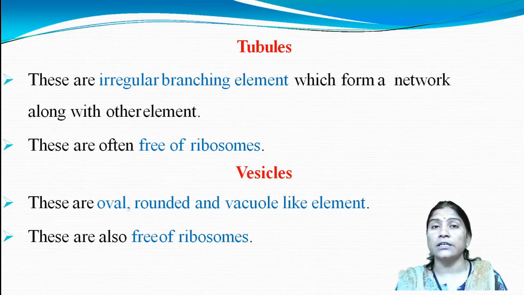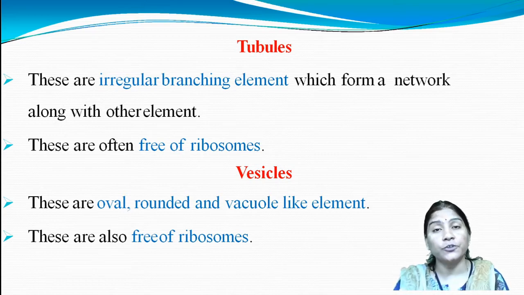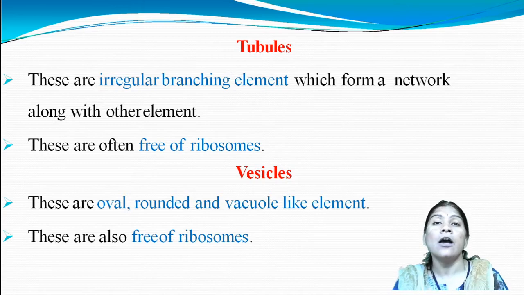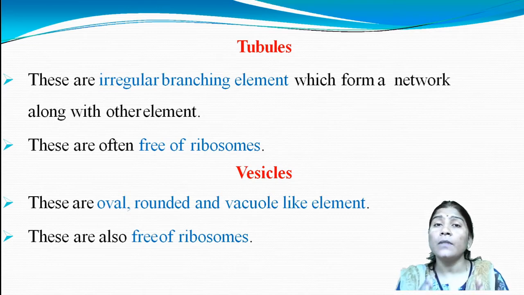When we consider the three elements, cisternae, tubules and vesicles, cisternae have ribosomes, a rough appearance, and different enzymes and proteins, for example glycoproteins like ribophorin 1 and ribophorin 2.